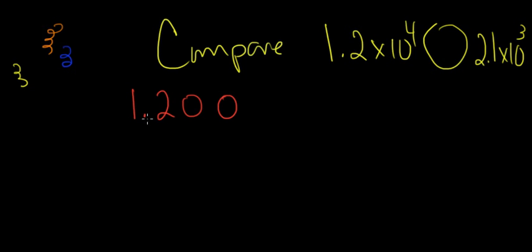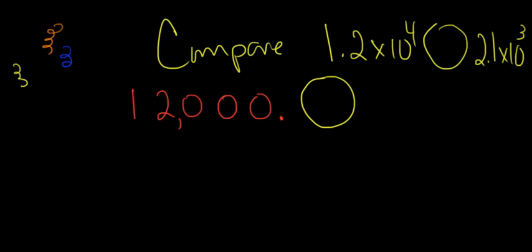I can add another one. 1, 2, 3. Got to add one more, don't I? 1, 2, 3, 4. So I'm right here. So this changes, let me make this a little bit smaller. And now we moved it all the way over to here, didn't we? So I can put a comma in here. It's 12,000, right? And we got our comparison sign there.